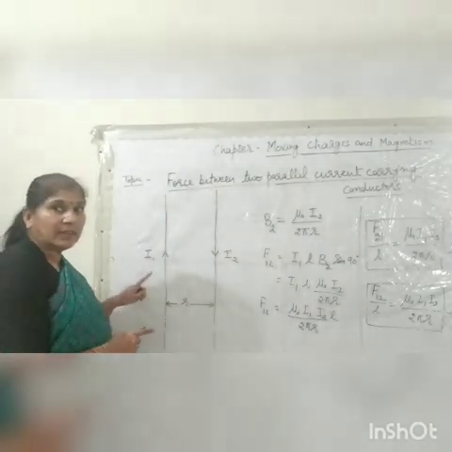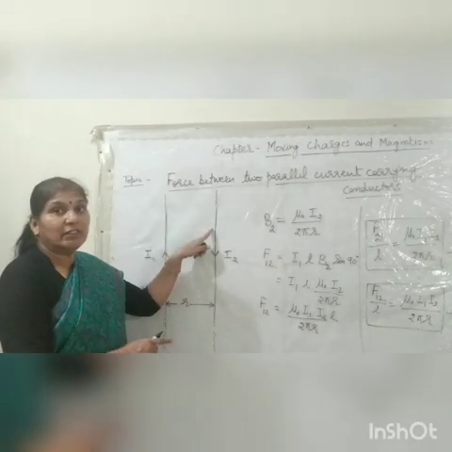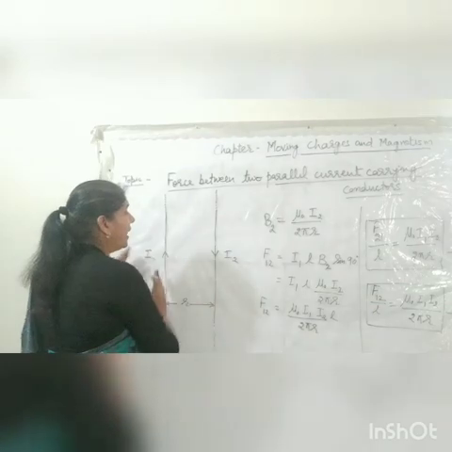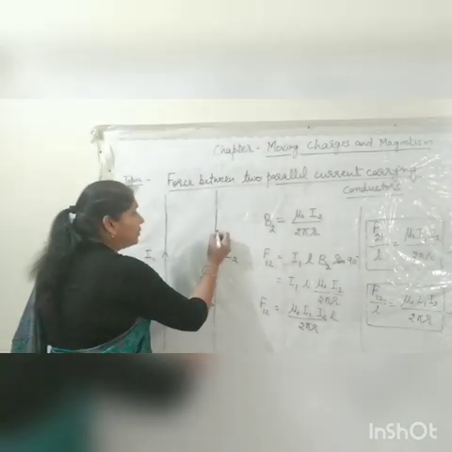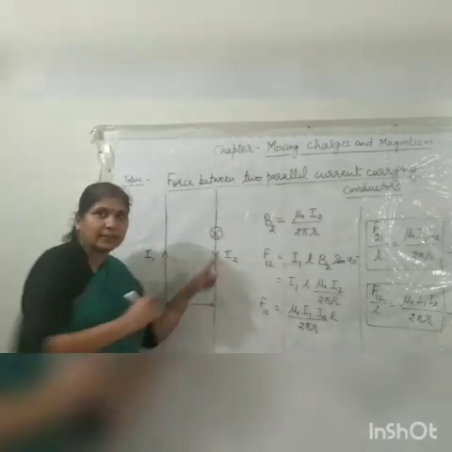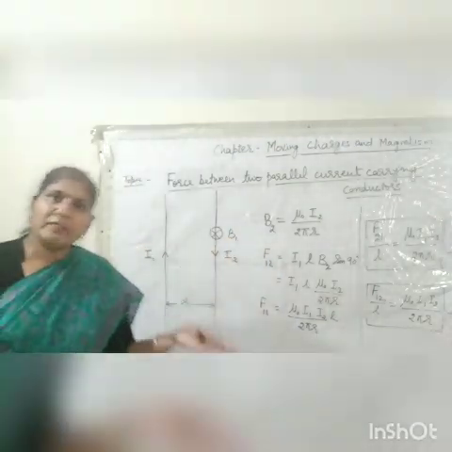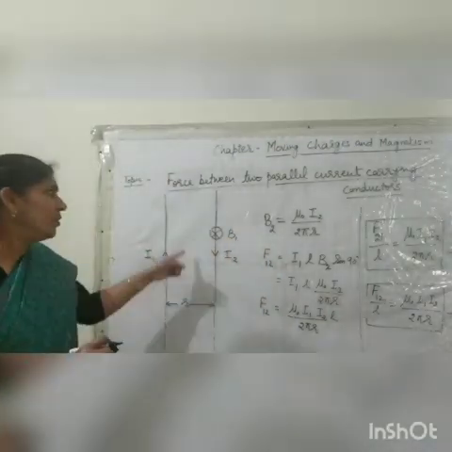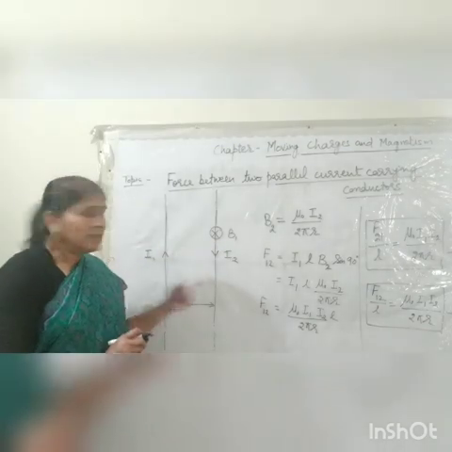Here again current I1 is there, so at a distance r the magnetic field will be the same B1, and because the current is upward, the magnetic field at the position of the second conductor will be inward. This is B1, and the magnitude of B1 will be as before, mu naught I1 upon 2 pi r.